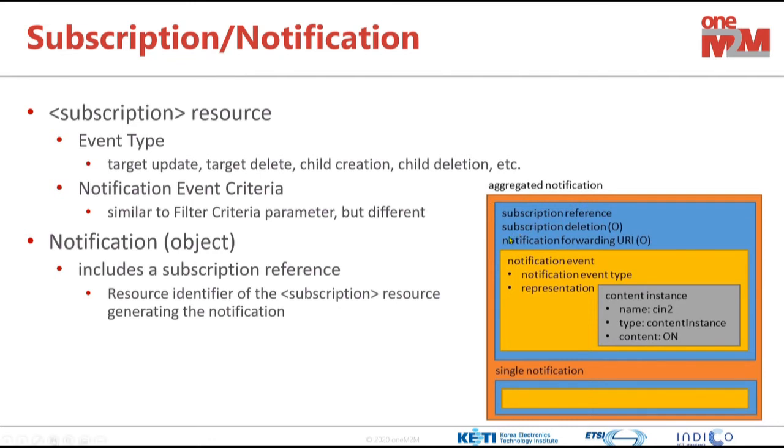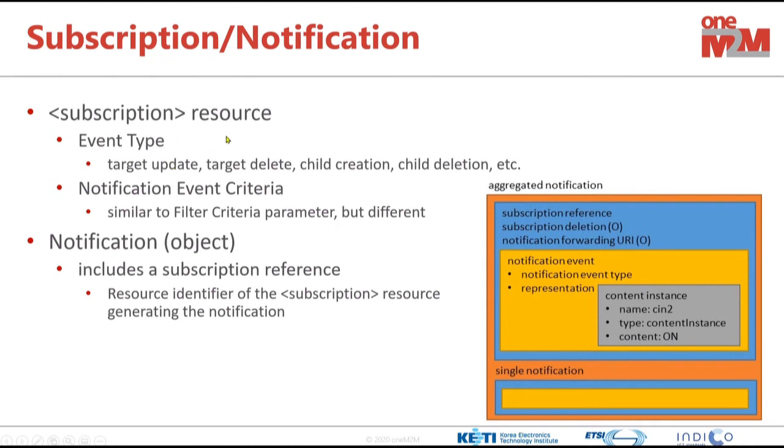Skipping over the other things, inside the single notification object there is the notification event, with two attributes or properties. The first one is the event type. So I am receiving this notification due to this subscription, and the subscription was set so that I want to get the child creation, for example the content instance, and the target update, like the update of the container.